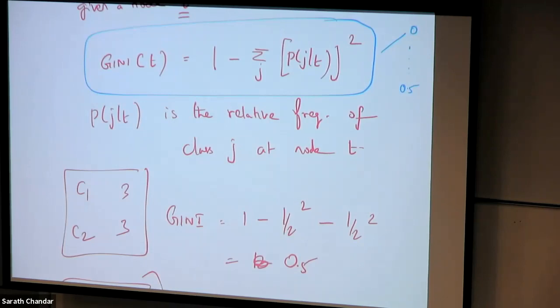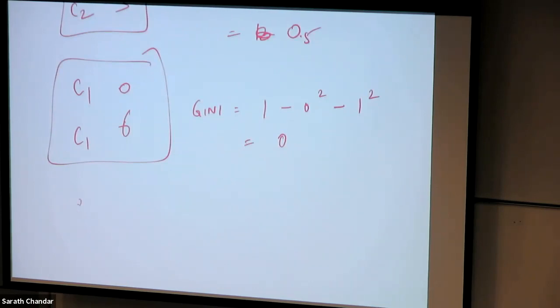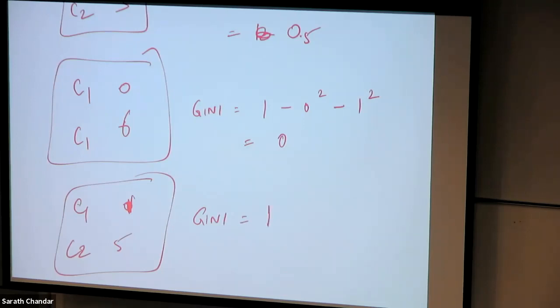Is that clear? Just to give you one more example, let's say C1 is equal to 1 and C2 is equal to 5. Now the Gini here is 1 minus 1/6 square minus 5/6 square, so this value is 0.278.